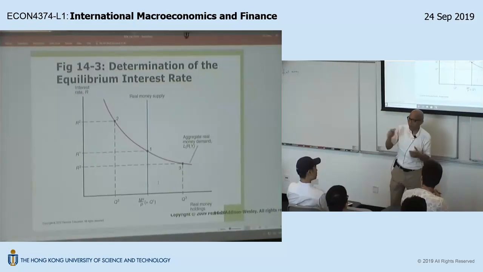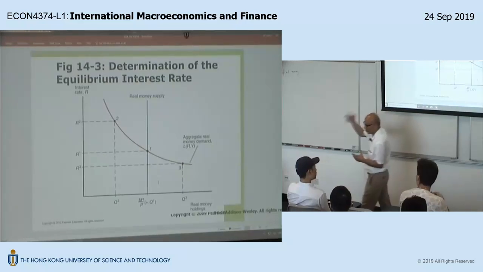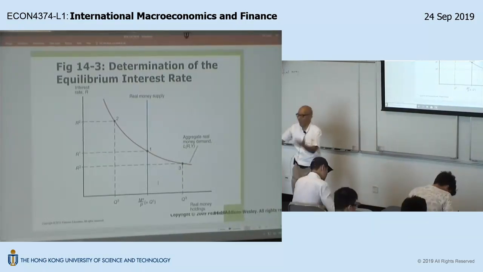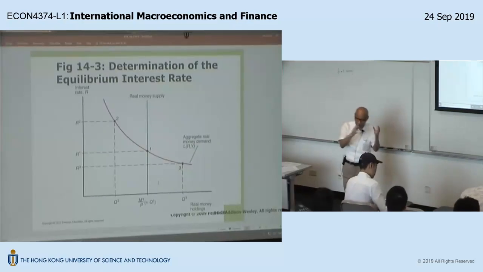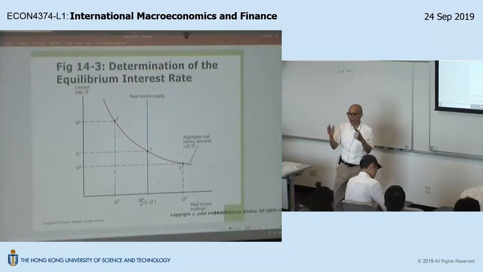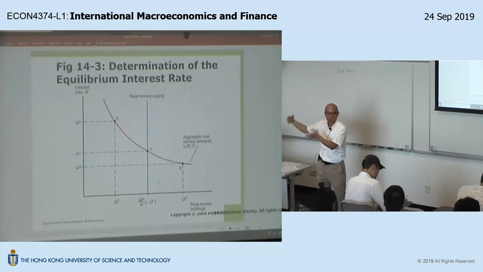That's the bond market. We have been talking about this bond market, right? This bond market is basically the interest-bearing asset. In this highly simplified world, people keep their financial resource in two forms: either money, or non-monetary, which is bond.